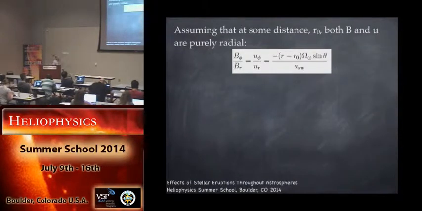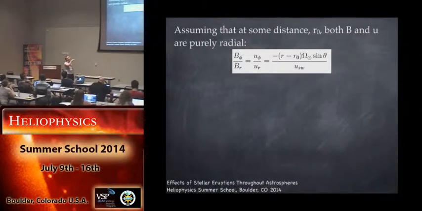So we can write down the equation that describes this Parker spiral. If we assume that in the frame of reference rotating with the sun, at some point the field is open and it's fully radial, we can equate the azimuthal component and the radial component of the magnetic field with the same components of the velocity. Here we assume that there's no theta component.